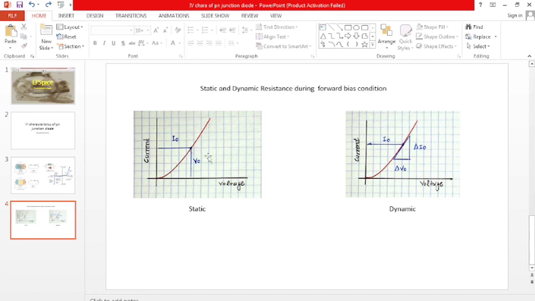Actually, we have already obtained the VI graph. The slope of the VI graph shows the resistance. The starting slope at the initial time corresponds to the static resistance. While obtaining the maximum peak of current, if we take the slope, we will get the dynamic resistance.